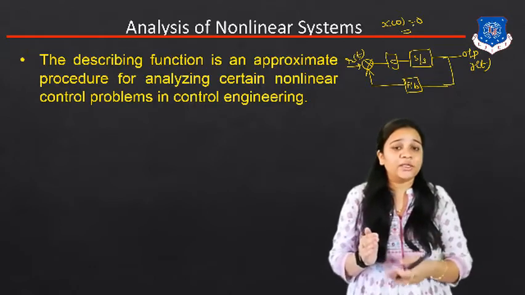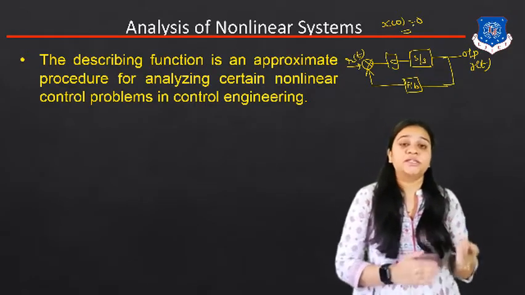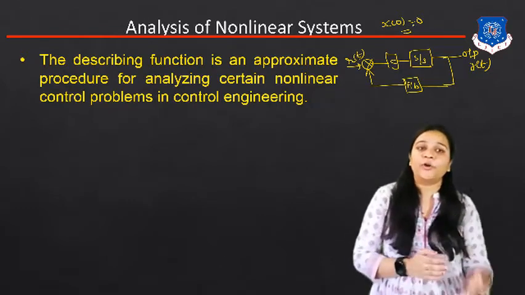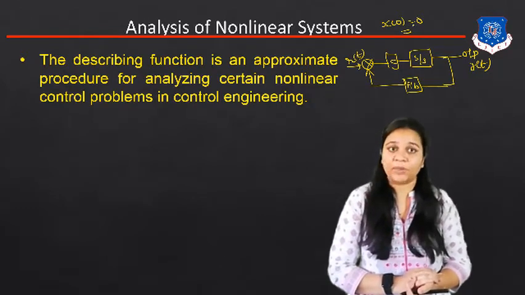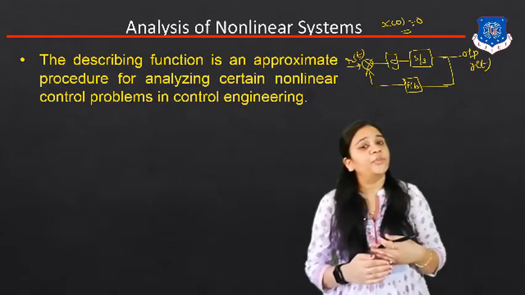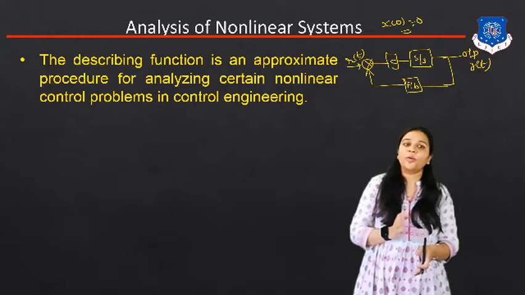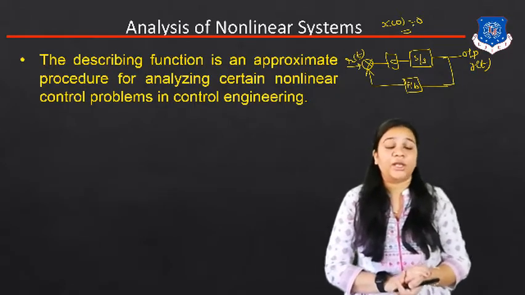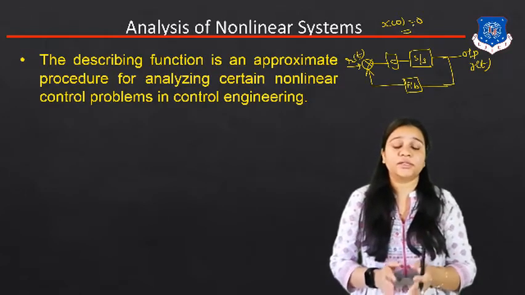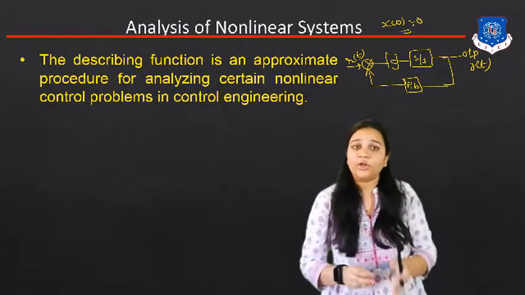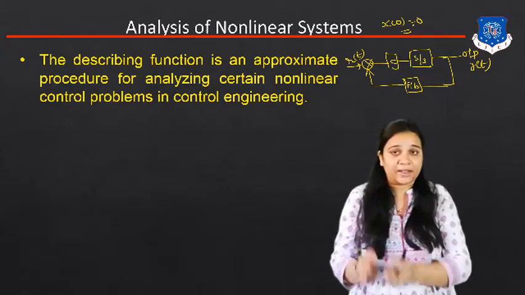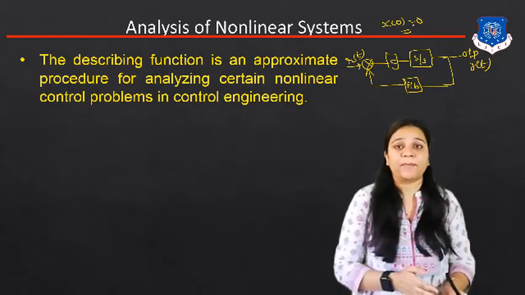In a nonlinear system, any change in the initial condition will affect the output of the system. So if we change the initial condition, the output data will change. Now the third thing is that for a nonlinear system, we cannot apply the Z transform and Laplace methods.